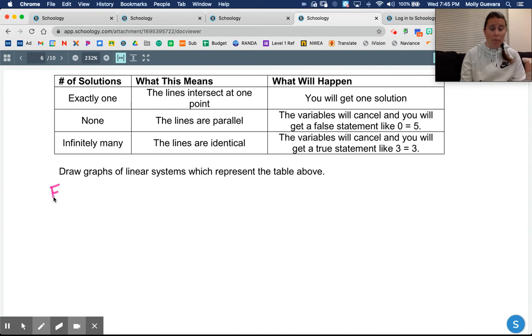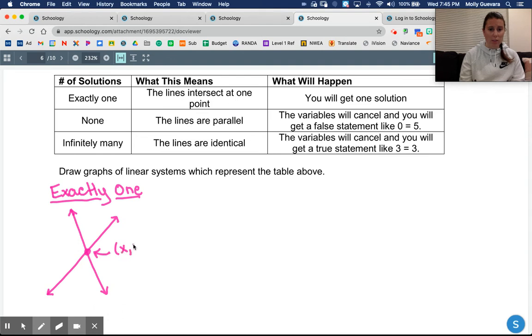Okay, so if you have exactly one solution, it means that you'll have a line. And you'll have another line, right? And it will cross at one point. And that one point is your solution, and your answer will be an xy coordinate.